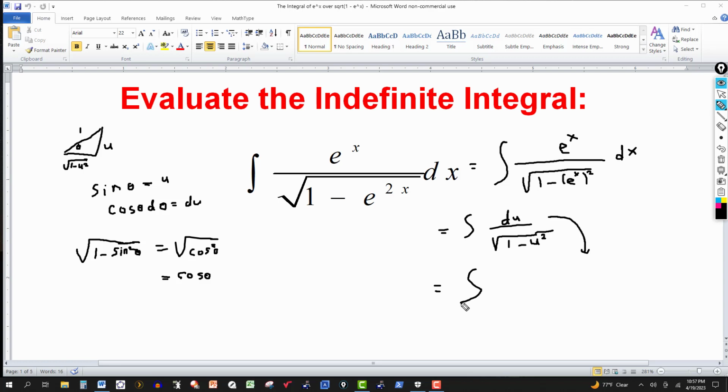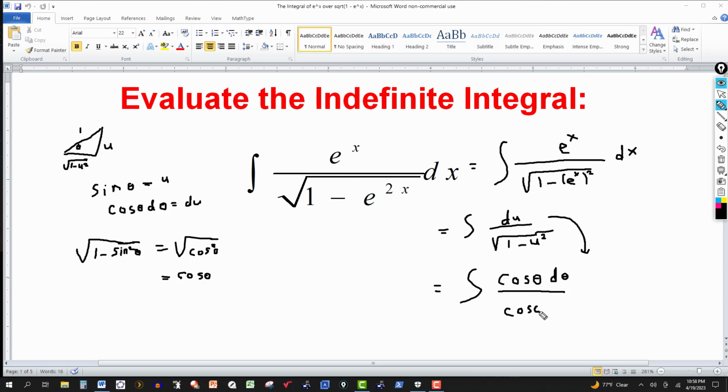So then just take it from here. Let's assume we didn't know that integral there. Then from here we know that du is cosine theta d theta. So this is the integral of cosine theta d theta, and that's over, the denominator is cosine theta.